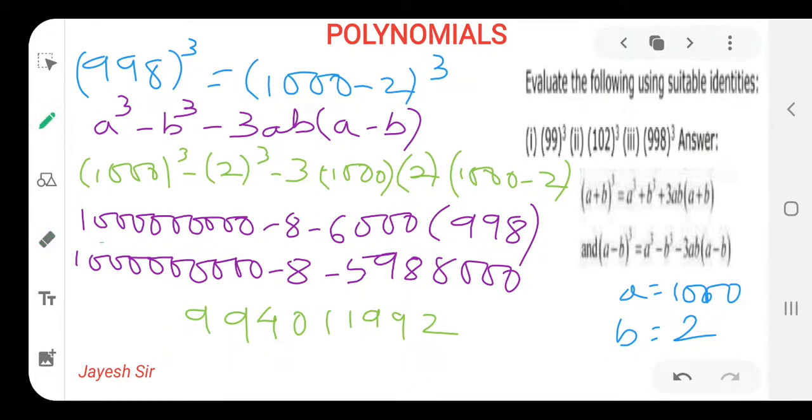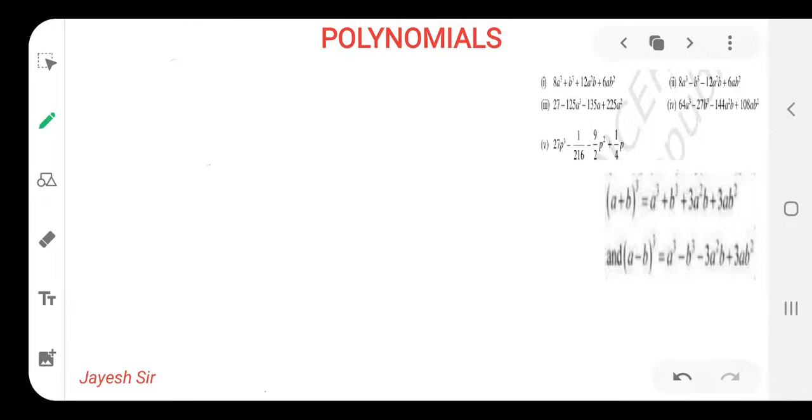The only thing that we are going to use over here is 994,011,992. So this is the final answer. I hope you all have understood and cleared the concept over here, and you can easily solve it and get this answer. Yes friends, so let's move to the next slide and let's see what new we are going to learn for the day.